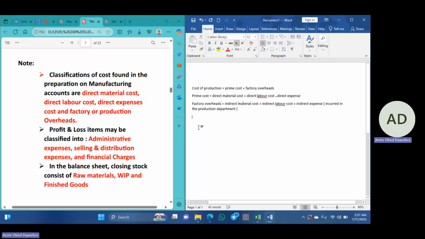So overheads, we have two types: the factory overheads and the non-factory overheads.